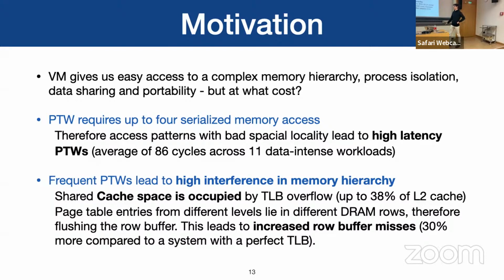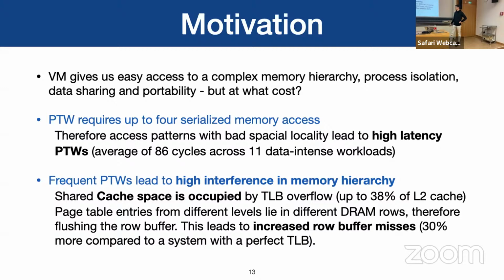And also frequent page table walks lead to high interference in the memory hierarchy because they may actually occupy space, as we've seen with Victima, in the data caches as well. For example, in the L2 data cache, page table data may occupy up to 38% of the space, which might be a problem if we have interference.